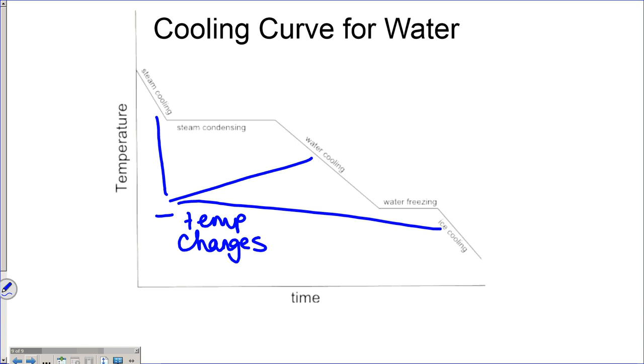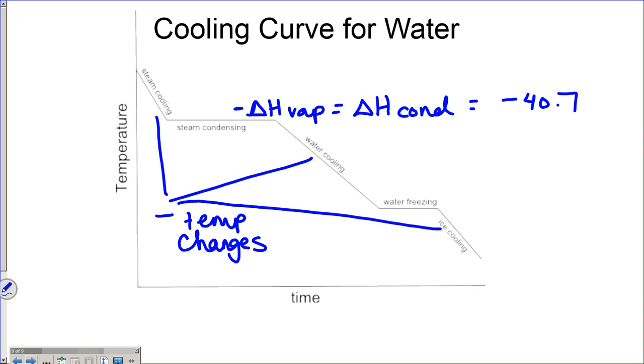Where we had our heat of vaporization, which is normally here, this is negative because we're losing heat. Therefore, it is our heat of condensation. So it's going to be the same value, but negative. So this will actually be that negative 40.7 kilojoules per mole.